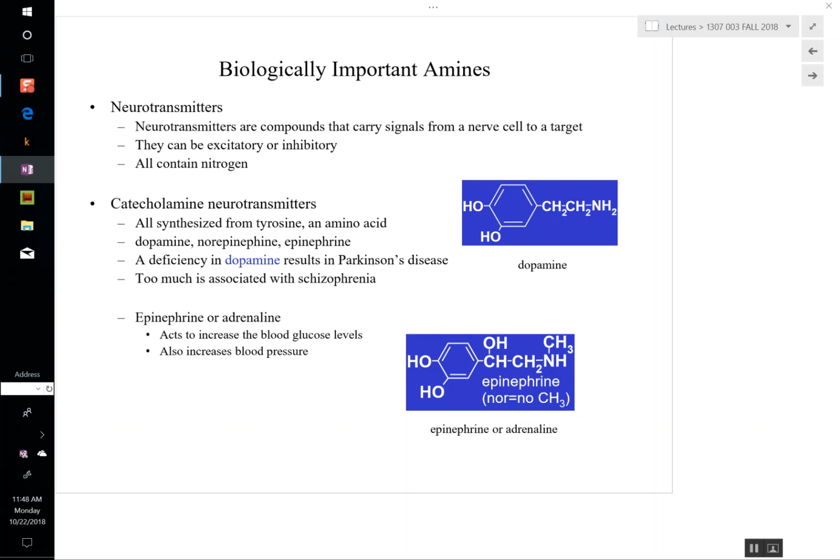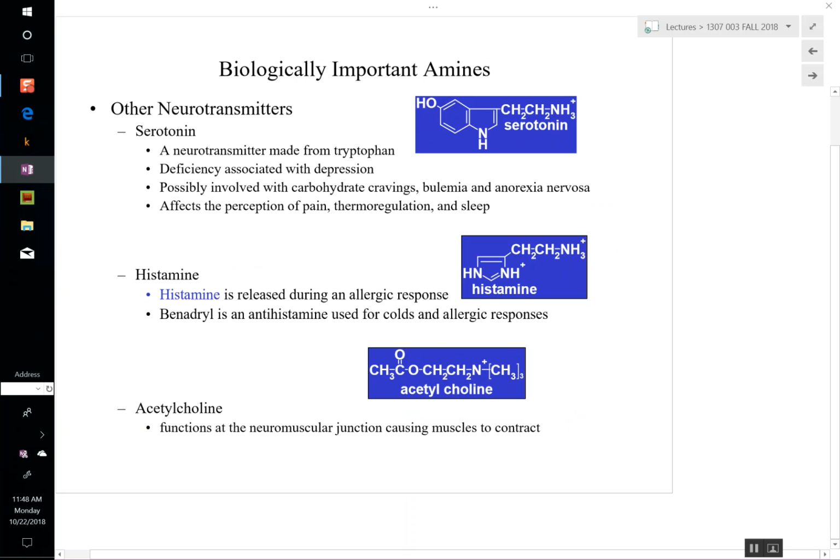Epinephrine, so you're taking dopamine and modifying it a little bit. You've got an OH here, and you've got a secondary amine right there. I might give you some of these molecules and say which of the following is a primary amine. Things like that.